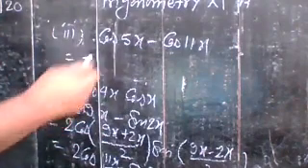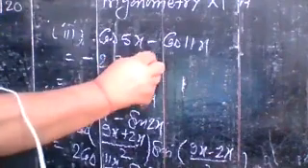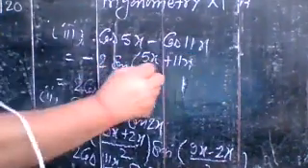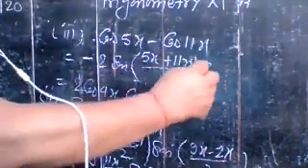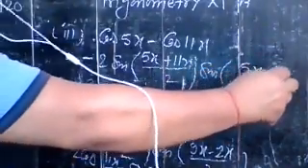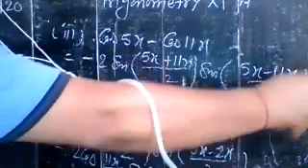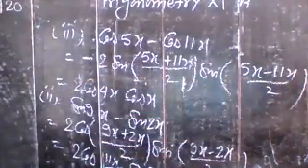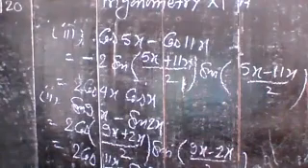Here you write minus 2 sine of 5x plus 11x upon 2 into sine of 5x minus 11x whole divided by 2. Okay, and simplifying it, that will be your answer.